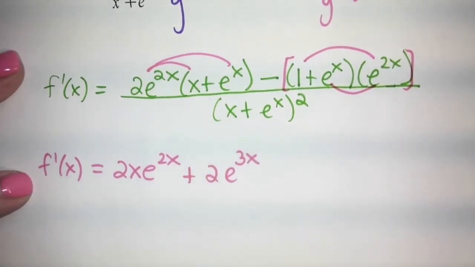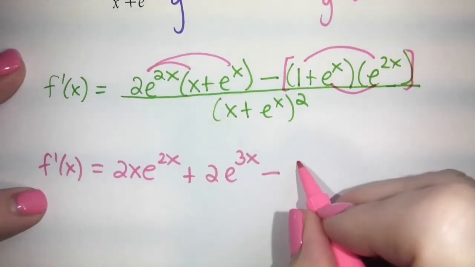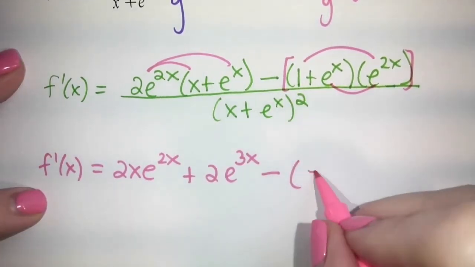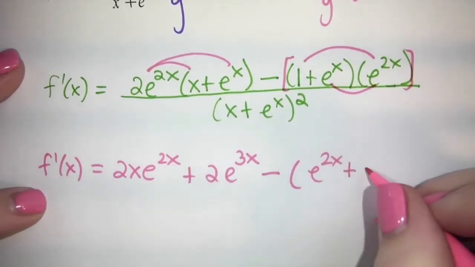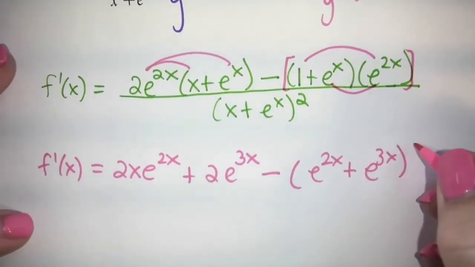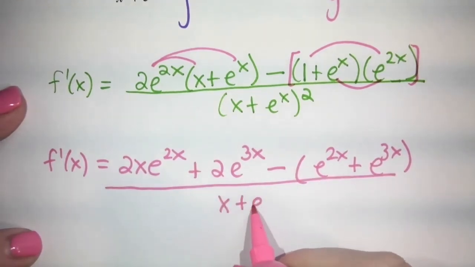Multiplying with the same base, we'll add our exponents. Here we have minus 1 times e to the 2x is e to the 2x, plus e to the x times e to the 2x is e to the 3x. And we've got all over x plus e to the x squared.